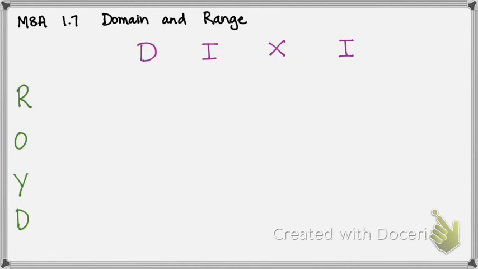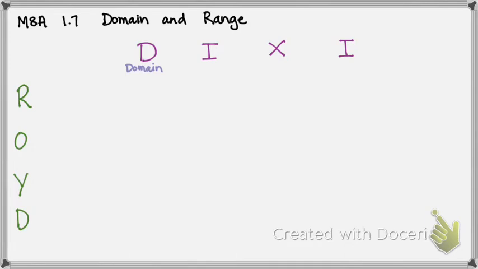And domain and range deal with these features, okay? So D stands for domain. And we referred to that when we were talking about relations having domains and ranges.